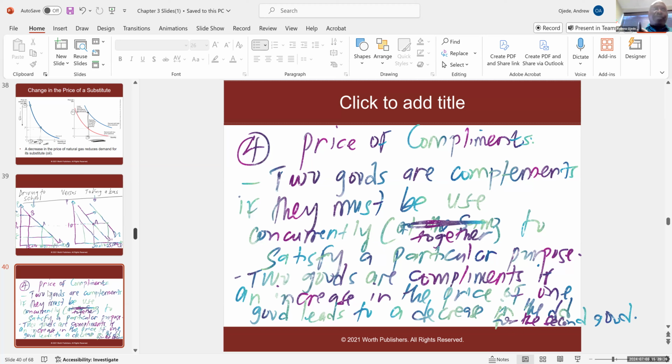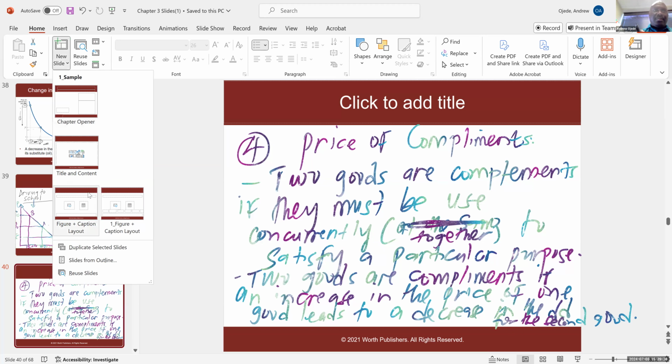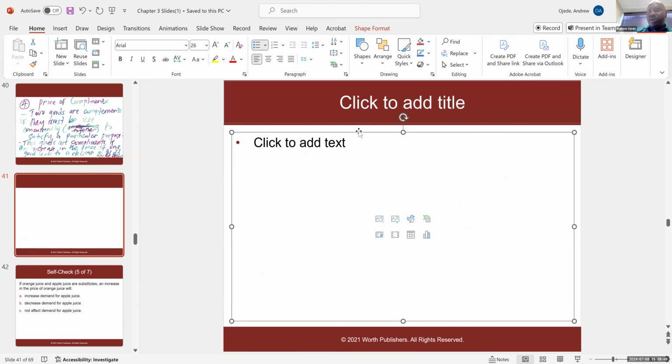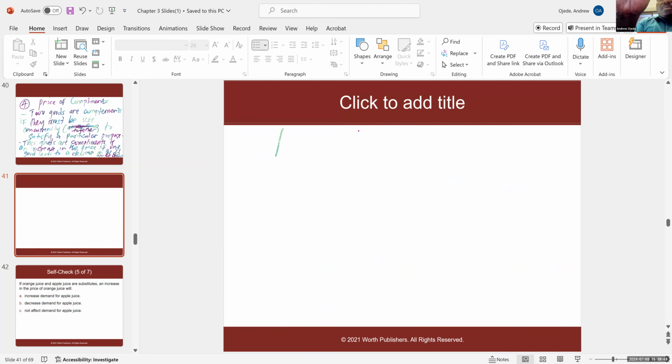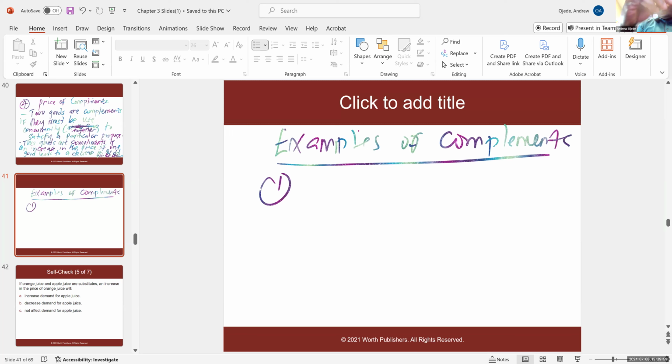Okay, so let's give examples of complementary goods. You know them a lot. Examples of complements. One, if you like hunting, you pick your rifle to go hunt animals in the jungle. Rifle and bullets, they go together. If you go hunting with a rifle without bullets, you may not shoot.